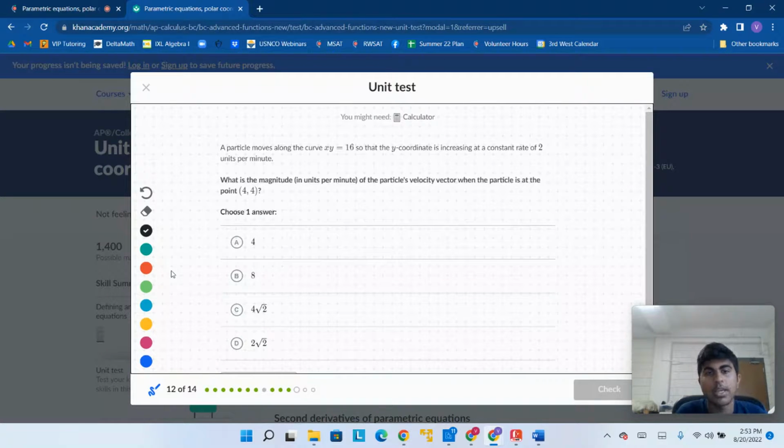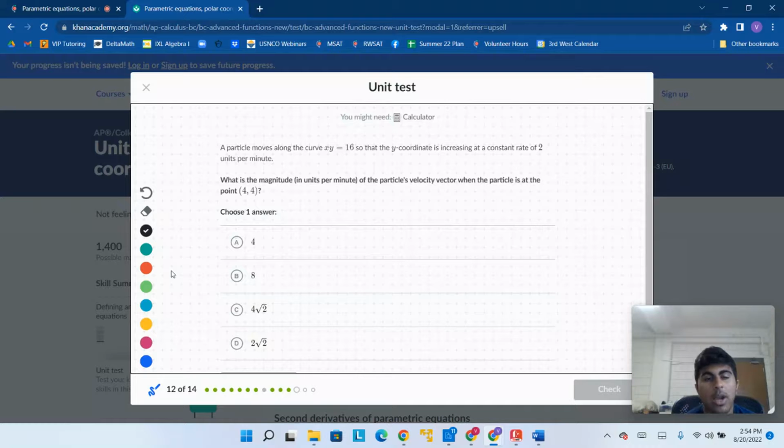If x of t times y of t equals 16, and x prime of t is something, and y prime of t is 2, then at some point in time where x of t and y of t are both 4, we're trying to find what x prime of t is, and then we can find the magnitude of the whole velocity vector.